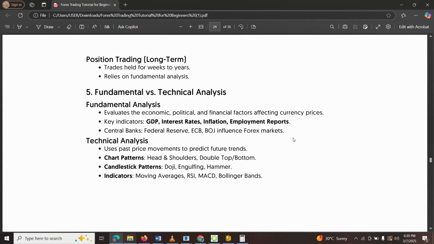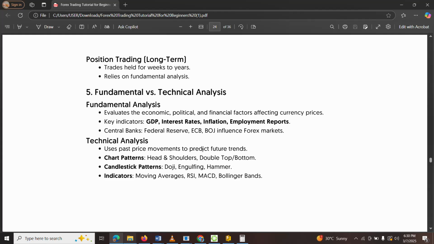So the key indicators could be like the GDP, interest rates, the inflation, also employment reports, like the NFP, non-farm payroll for the US people or for the American people. So we also have the central banks, the Federal Reserve, the ECB, that is the European Central Bank, the BOJ, sorry, that influence forex markets.